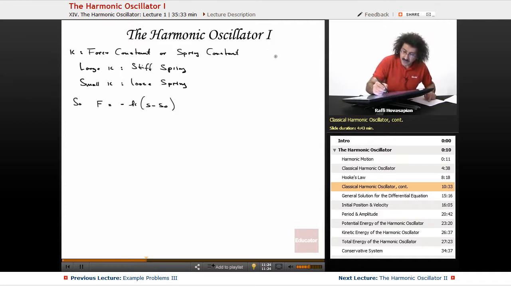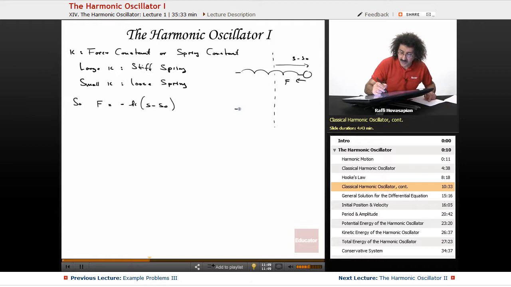And again, let's go ahead and draw this out. So this is the equilibrium position of the spring. If I had it stretched out, this distance would be my displacement. This is my s minus s0. And the force, if I stretch it, the force is going to want to pull it back that way.